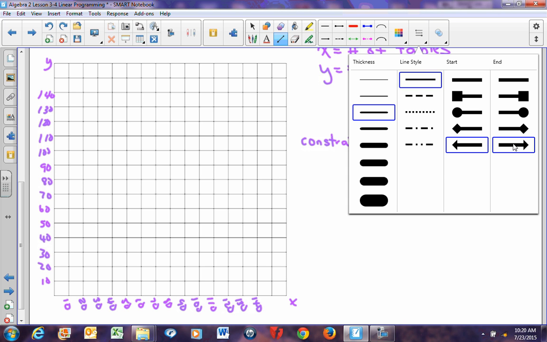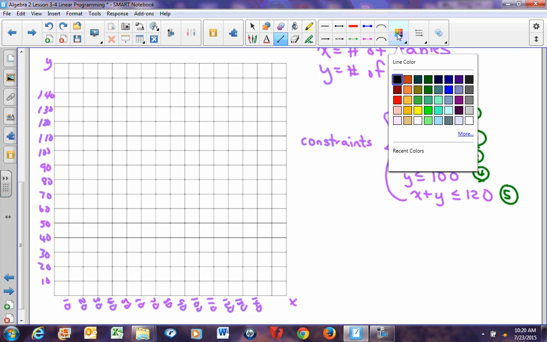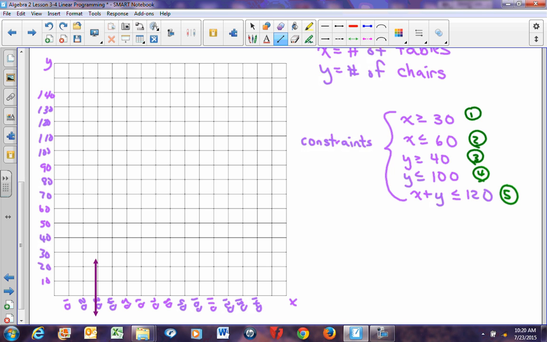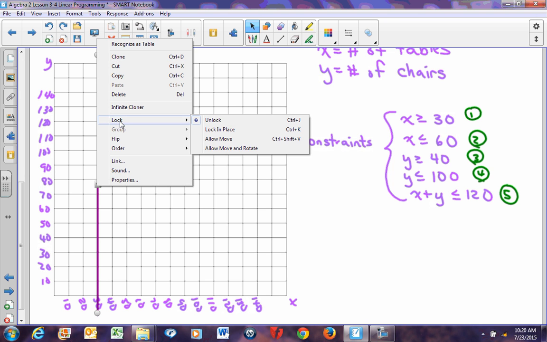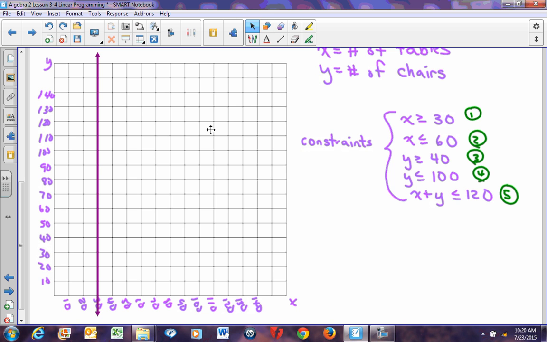All of these are solid lines. So x is greater than or equal to 30. That line is fine. And greater than or equal to 30 would be this way. x is less than or equal to 60.